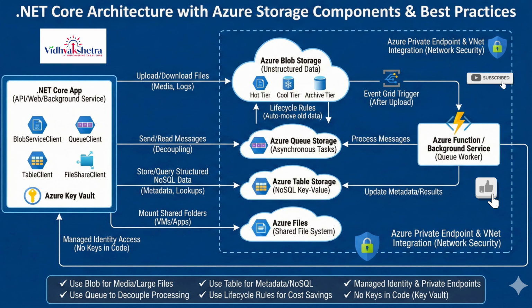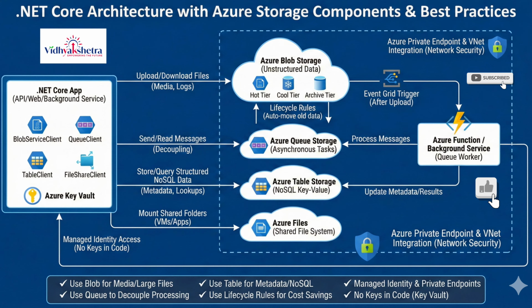The app interacts with Azure Storage using official SDK clients such as BlobServiceClient, QueueClient, TableClient, and FileShareClient. The first responsibility of the client is to upload or download large files, like images, videos, or logs, to Azure Blob Storage. Blob Storage is designed for unstructured data and supports 3 access tiers.